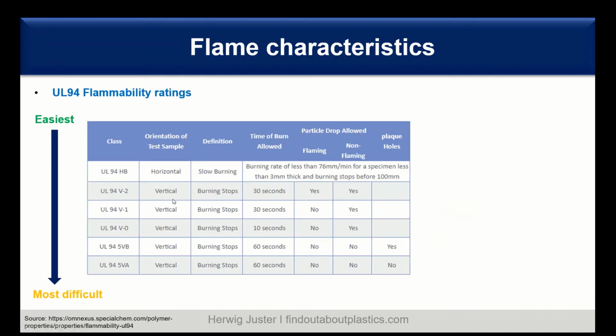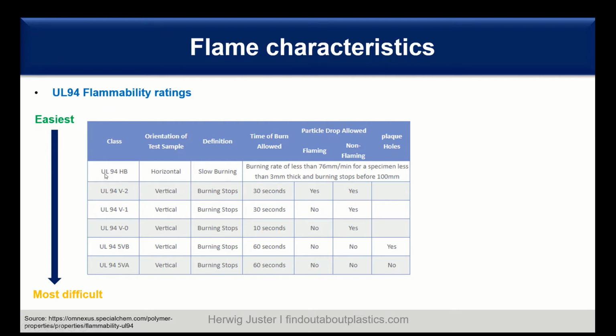So let's have a closer look at the UL 94 flammability ratings. We have different classes starting from UL 94 HB down to V0 and 5VB and 5VA.